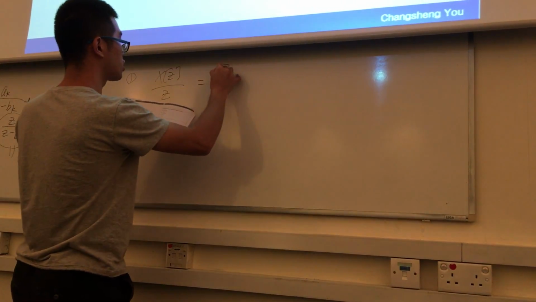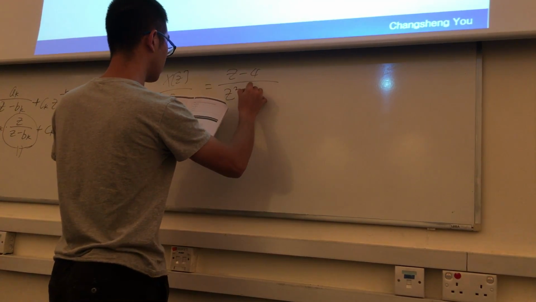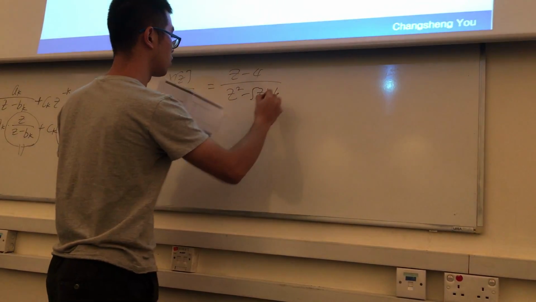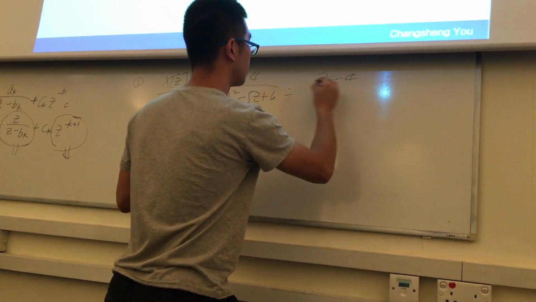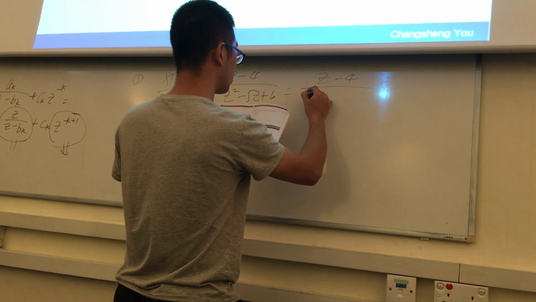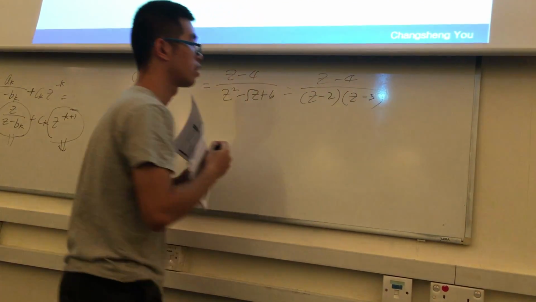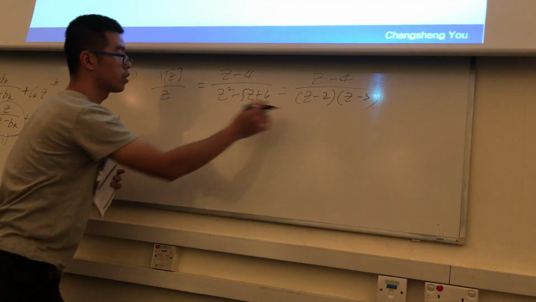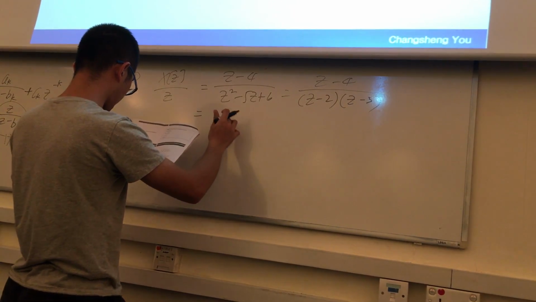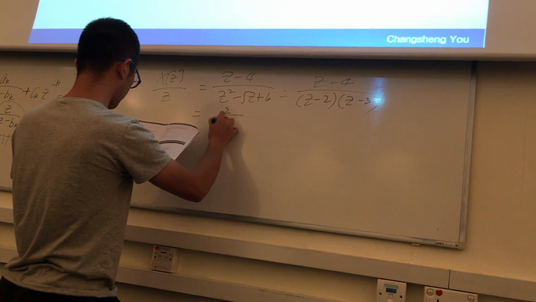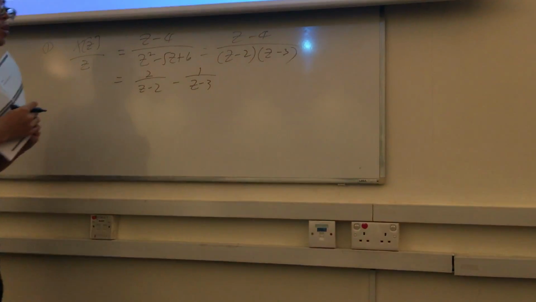So it is equal to (z minus 4) over z, and for this one, we can express it as the multiplication of two factors. And then this one can further be expressed as a summation of two terms: 2 over z minus 2, minus 1 over z minus 3.